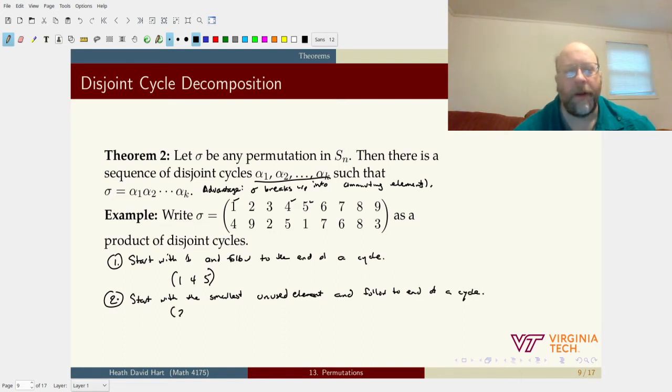So this time it's going to be with a 2. 2 goes to 9. 9 goes to 3. 3 goes back to 2. All right. And we're just going to repeat step 2 until we have no more elements.